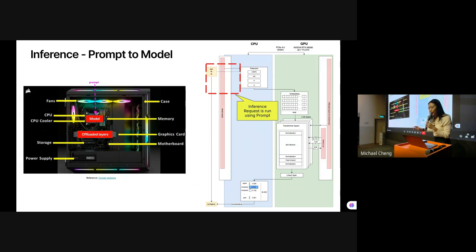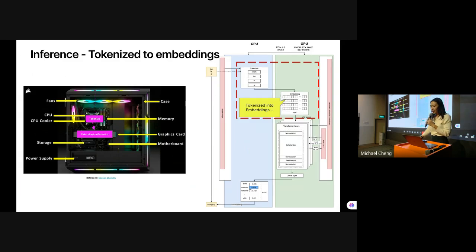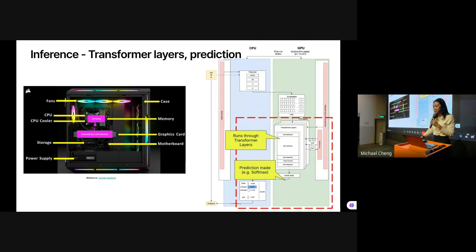First, when the prompt is given, the inference is loaded onto the CPU. And then, remember at the start I said there was the encoder and decoder. So now the GPU tokenizes the words into embeddings, and then it executes the transformer layers that we saw just now, all the different layers up until it gets the prediction.